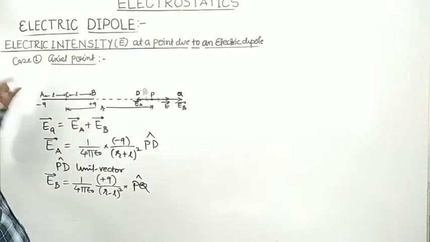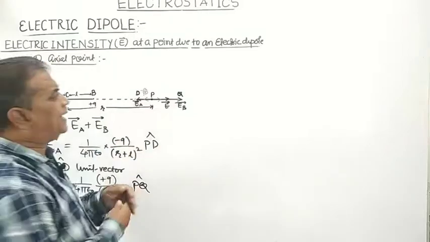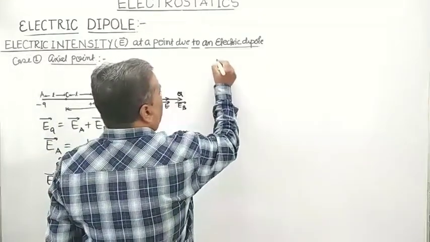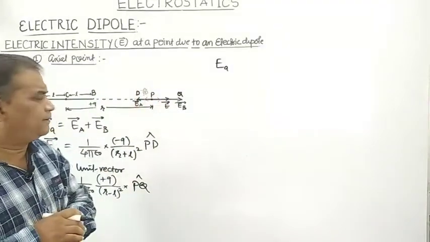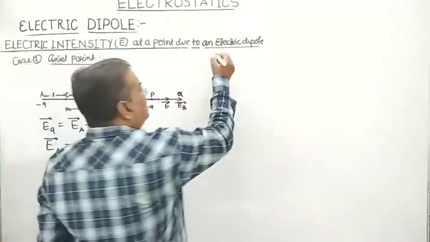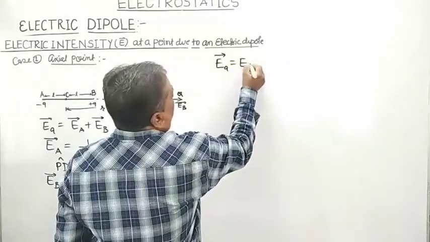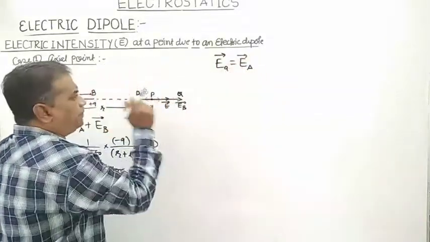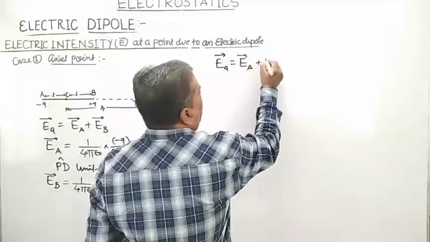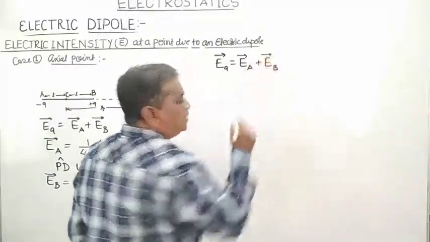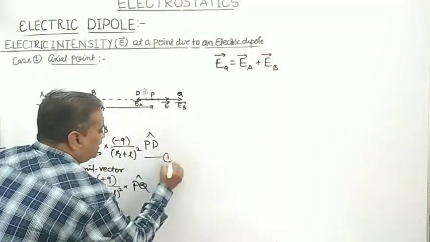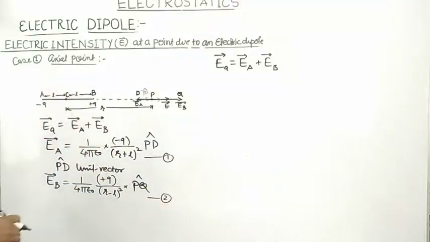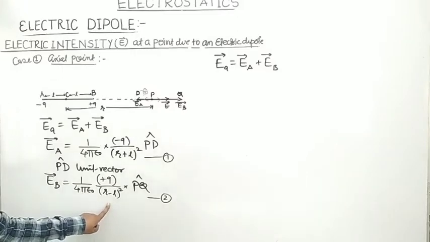Now, the resultant electric intensity at an axial point. If I say the resultant electric intensity at point P, which is an axial point, then it must be equal to the vector sum of electric intensity at point P due to negative charge and electric intensity at point P due to a positive charge. Now, if you observe equation 1 and equation 2, in equation 2 the denominator is R minus L whole square.